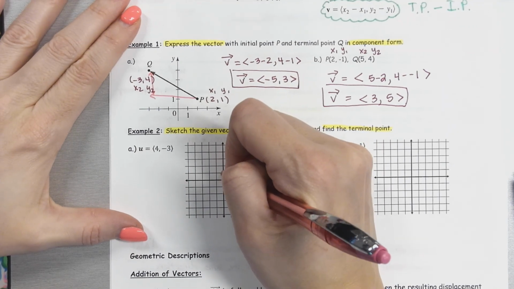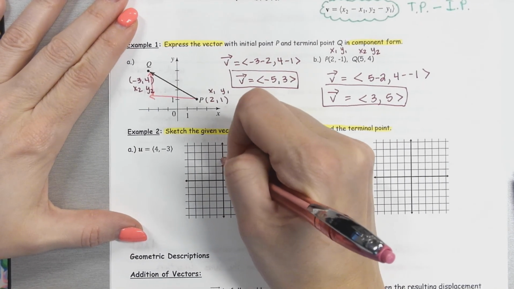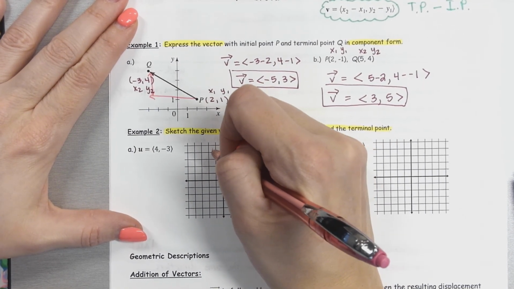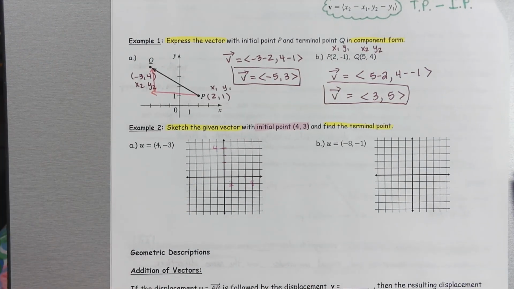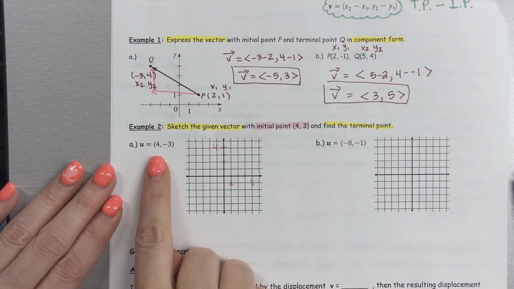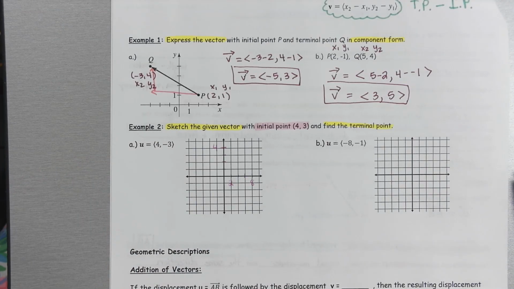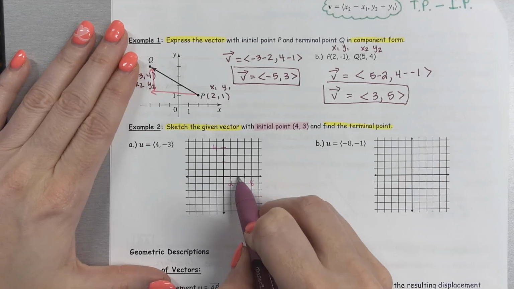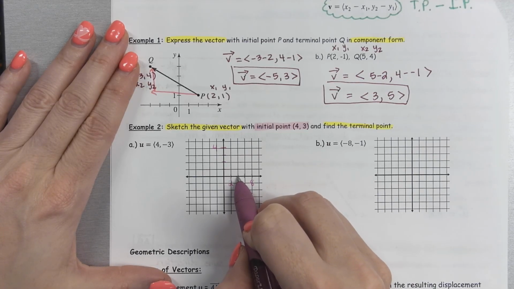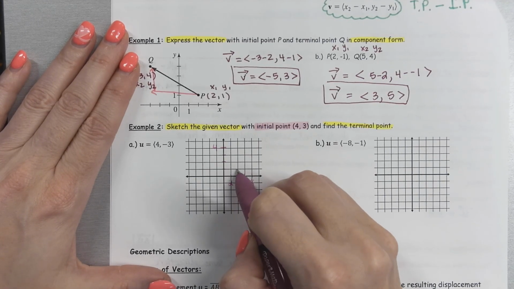I can scale this one by 1s. So if your initial point is 4, 3, we're going to go over 4. We're going to go up 3.